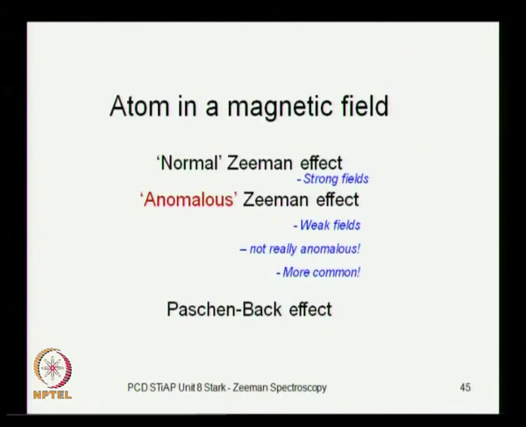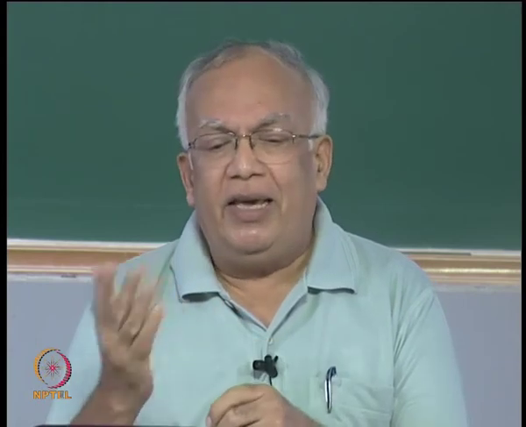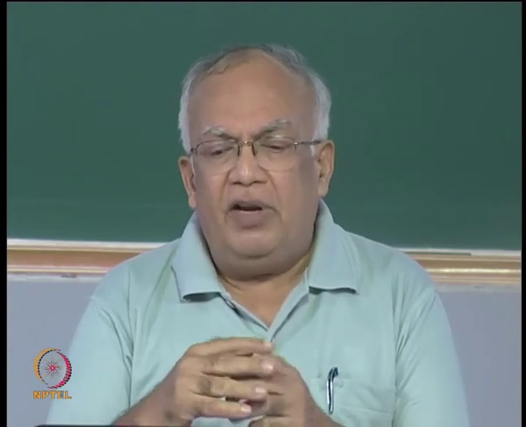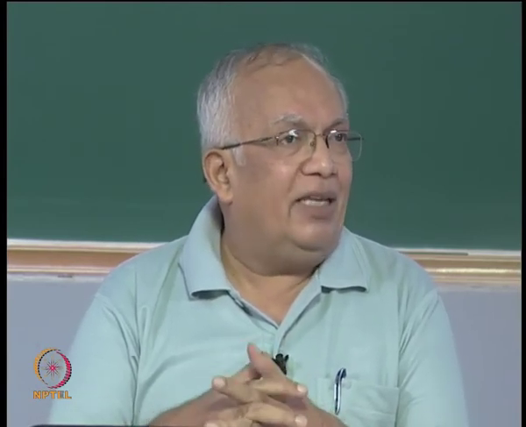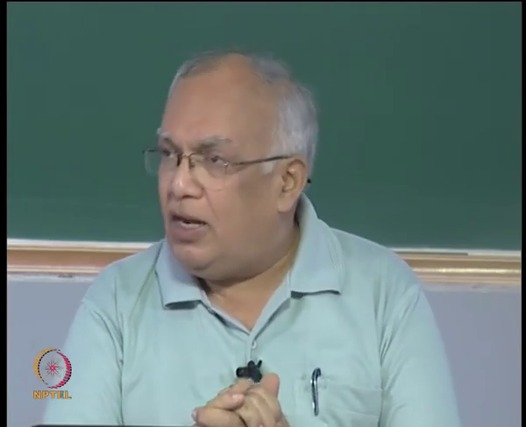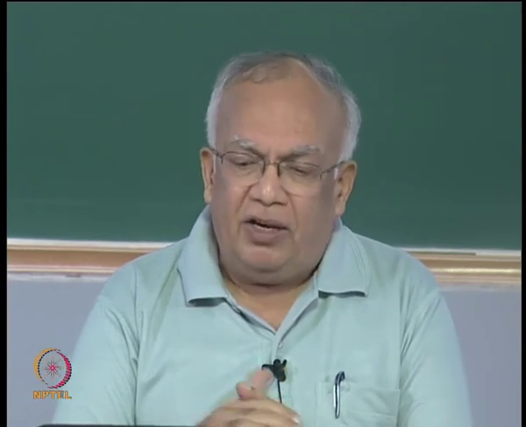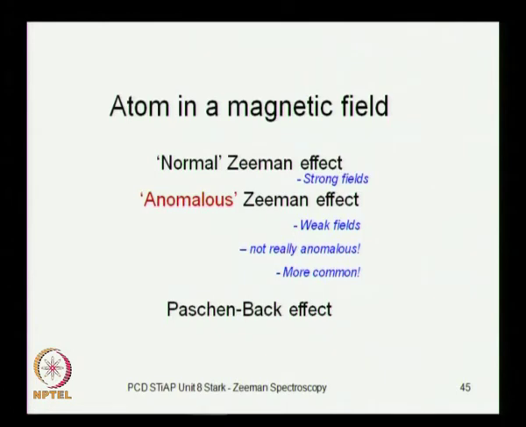The anomalous Zeeman effect, when you have weak fields, it is not really anomalous, it is in fact quite a common phenomenon, but it is called anomalous because historically it was observed at a time when the electron spin was not known. So, everybody suspected that there is some anomaly in the Zeeman effect. That is the reason it was called the anomalous Zeeman effect, and for historical reasons these names have persisted, but it does not mean that there is any real anomaly associated with the so called anomalous Zeeman effect.